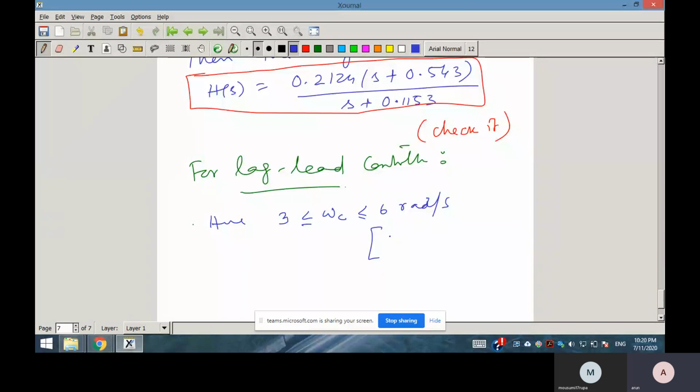Why? Since in this range, MUC is positive, but phi UC is less than phi com.